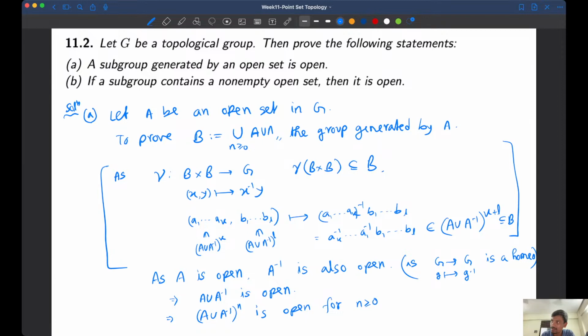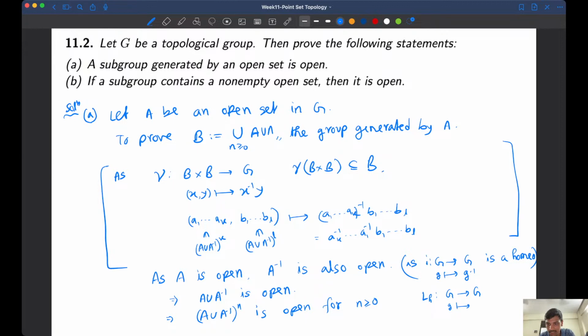You have to fix one element and then multiply with G. So this is the inversion map, and the left multiplication by any element, say h, is a map from G to G defined by g going to hg, or right multiplication, g goes to gh. Both are again homeomorphisms of G.